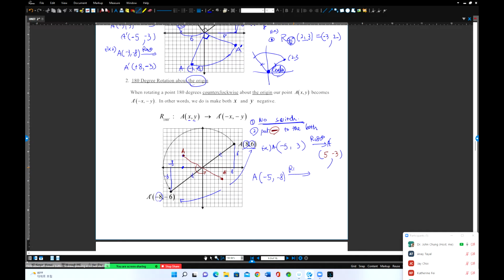Rotate 180 degrees. What's the rule? 180 is no switch. Just put the negative sign on both numbers: negative of negative 5, negative of negative 8. That's it. Very simple, right?